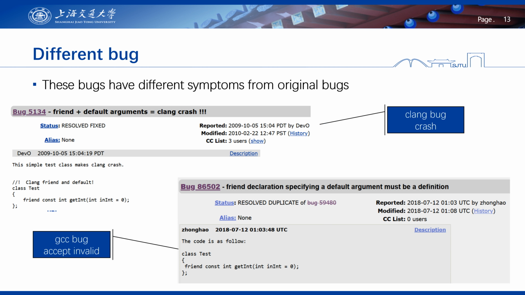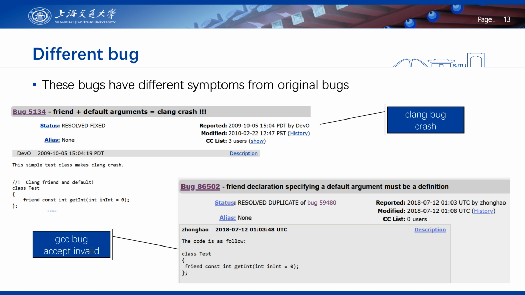Still, we found more different bugs. In this example, the program was extracted from a Clang bug report. It is invalid. Clang crashes when it compiles this program. We extract this program and use it to test GCC.